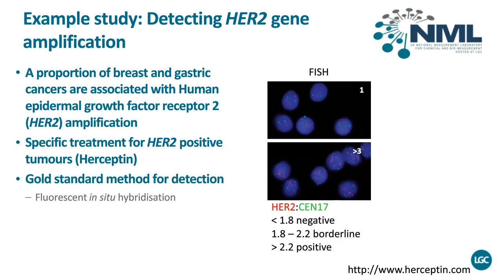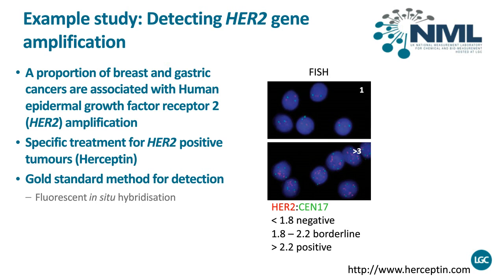So the gold standard method for detecting HER2 amplification is using fluorescent in situ hybridization, or FISH. I've got an example here that I've taken from the Herceptin website of a normal cell at the top with HER2 amplified cells at the bottom. Each cell is a blue circle with red dots representing the HER2 gene, and then centromere 17 as the green gene.